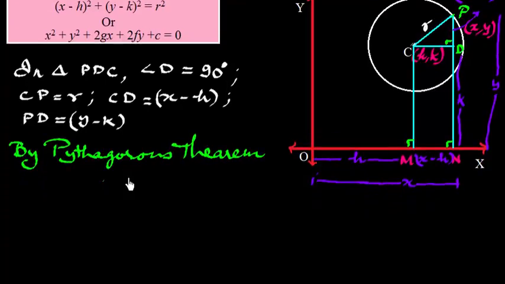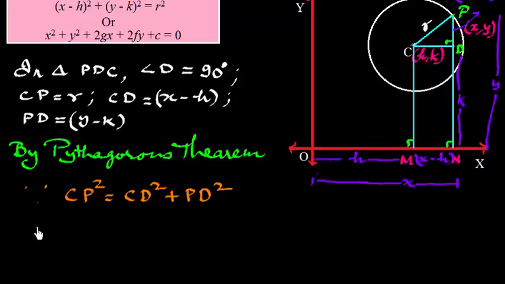So CP square is equal to CD square plus PD square. So now we put in these values here. CP is R square, CD is (x minus h) whole square, plus (y minus k) whole square.